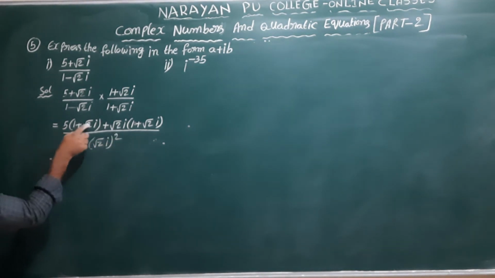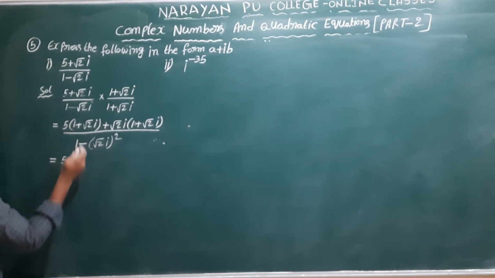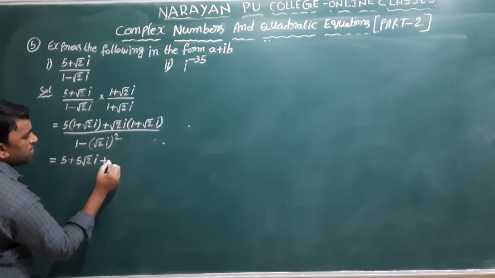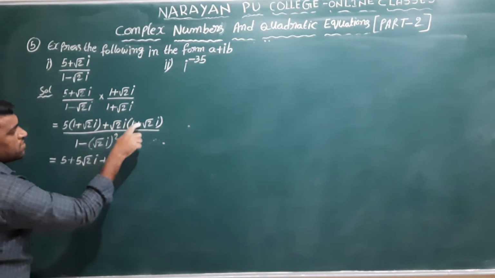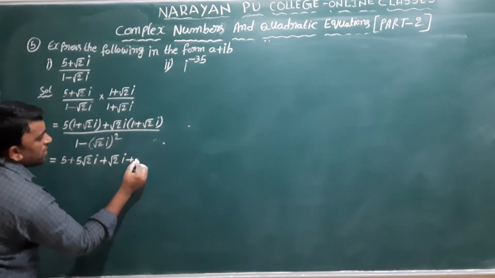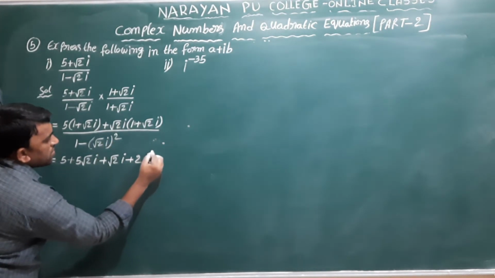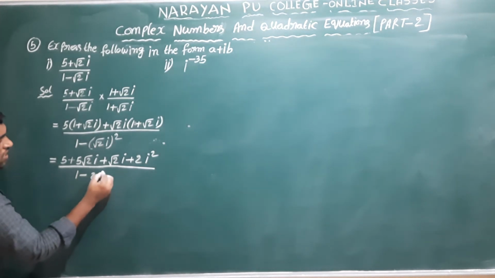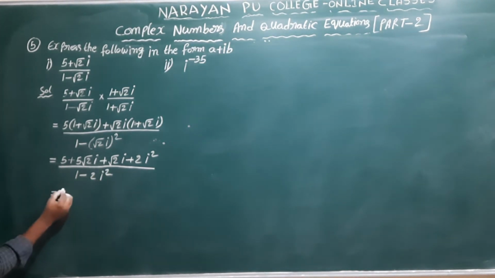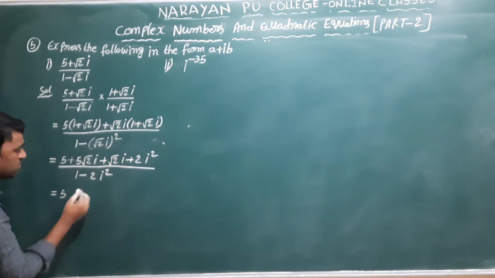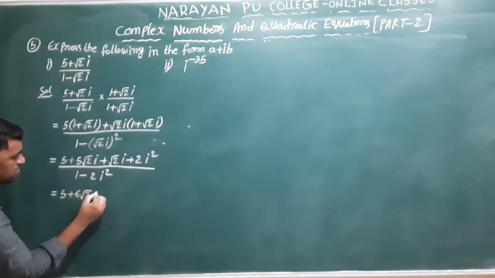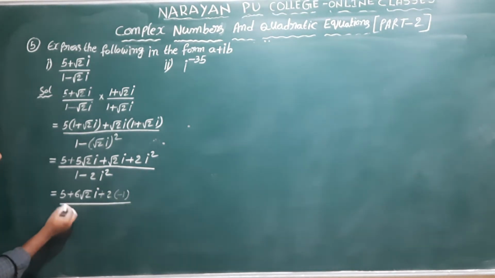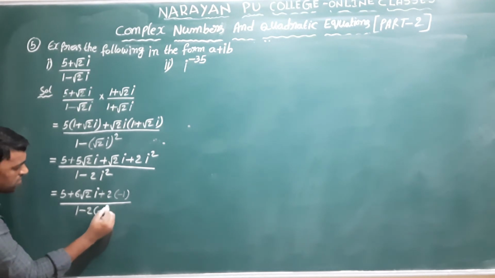Now 5 into this complex number: 5 into 1 is 5, 5 into root 2 i is 5 root 2 i, plus root 2 i into 1 is root 2 i, plus root 2 i into root 2 i, root 2 into root 2 is 2, i into i is i square, divided by 1 minus root 2 whole square, which is 2 i square. 5 root 2 plus root 2 is 6 root 2, with i, so 6 root 2 into i plus 2 into i square value, which is minus 1, divided by 1 minus 2 into i square value, which is minus 1.